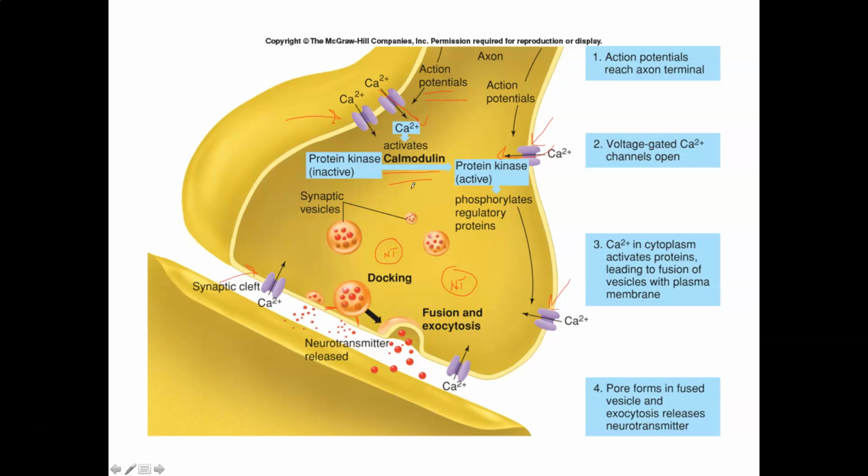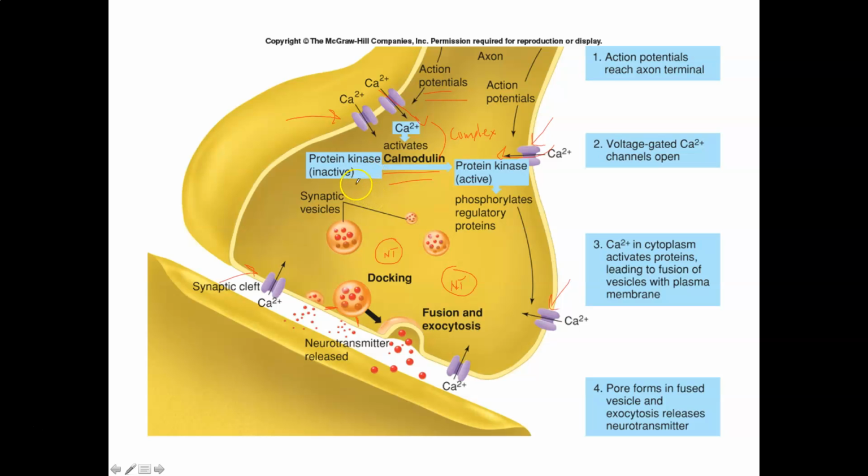And again, these diagrams oftentimes are oversimplifications of what's taking place. Once the calcium interacts with its sensor proteins, whether it's calmodulin or synaptotagmins, once you produce this complex between calcium and its sensor protein, it's able to activate an enzyme called protein kinase.